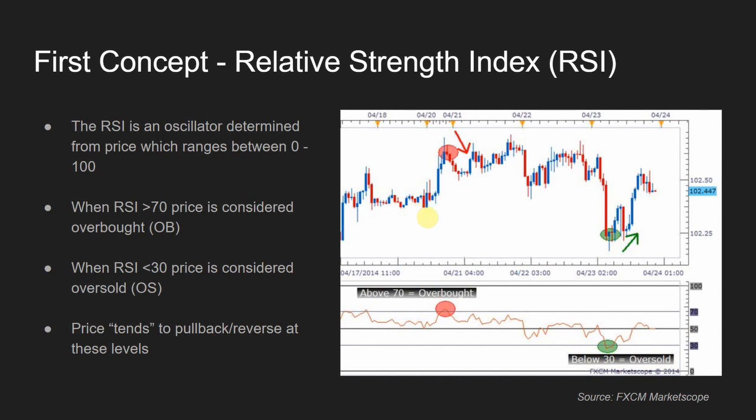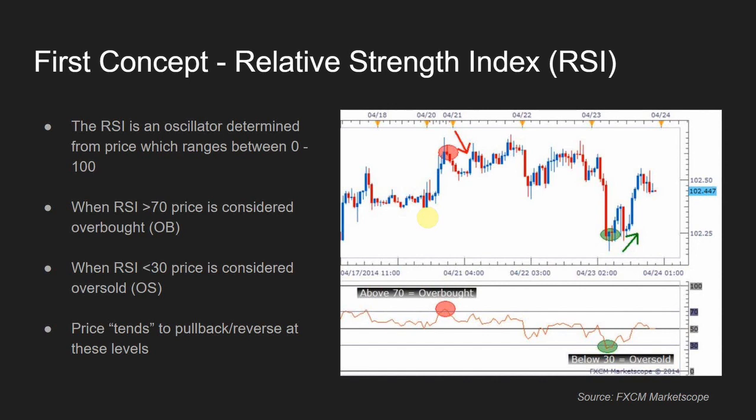So what can we do as a trader knowing that type of information? We know that when price is in these types of areas, the majority of the time, not all the time, price tends to either pull back slightly or reverse in the opposite direction. And that's the first concept of this overall scalping strategy that I'm outlining inside this course.